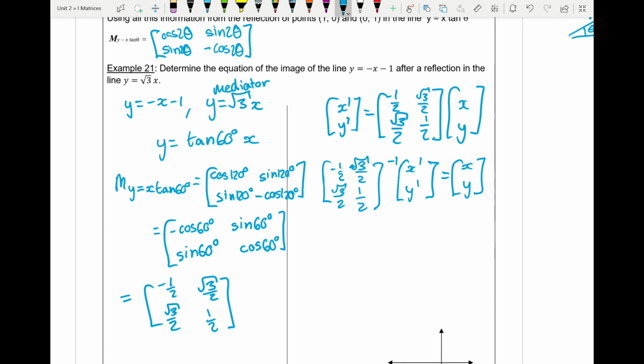And so the inverse of this matrix ends up having a determinant of negative 1, and the matrix that we end up getting for x, y is, I think it's actually the same matrix.